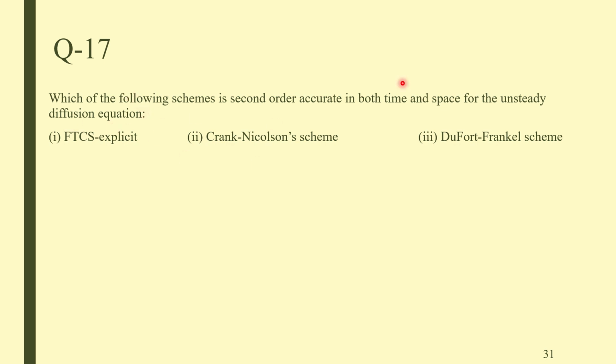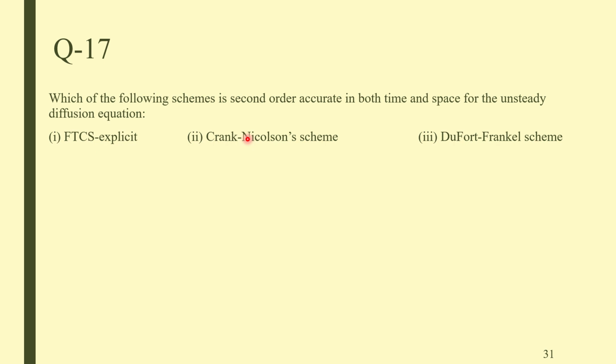In the first one, forward time and central space, since it is forward time, it is only first order accurate with respect to time. Central alone is second order accurate with respect to space. So it is false. Crank-Nicolson scheme, although it is similar to FTCS, here we are averaging between the n plus 1th time step and the nth time step.